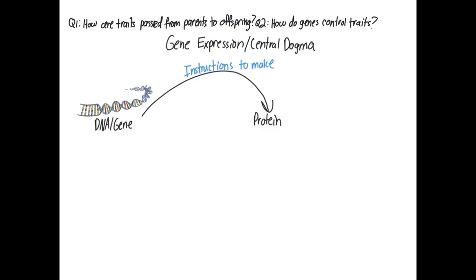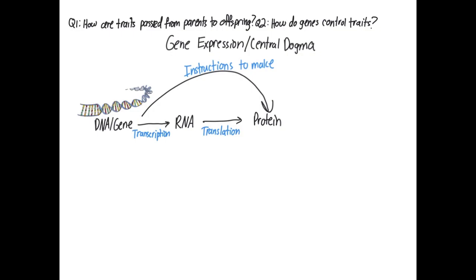The first step in gene expression is called transcription, where many RNA copies of DNA, RNA being a similar molecule to DNA, are made. These RNA molecules, like the DNA molecules that they are copies of, also hold the instructions for how to make a protein. The next step in gene expression is called translation, where the instructions in RNA are read and protein is produced.